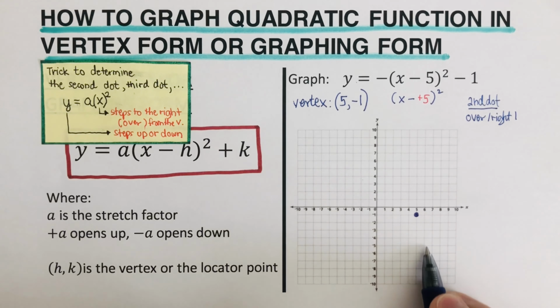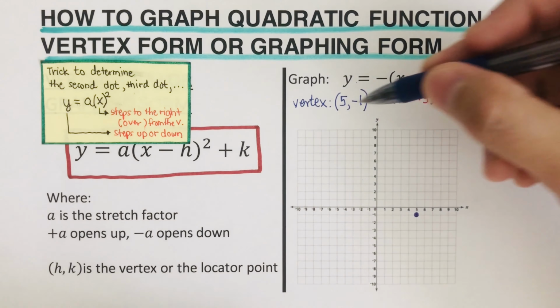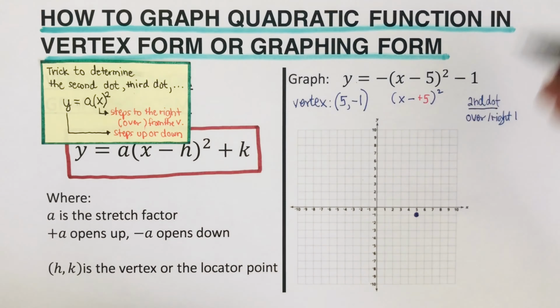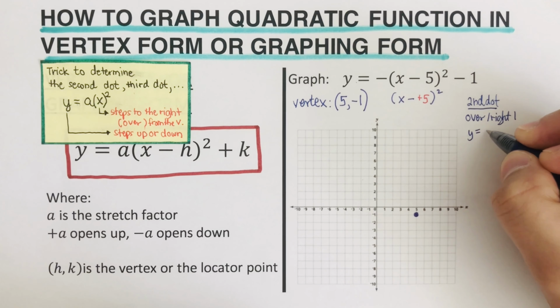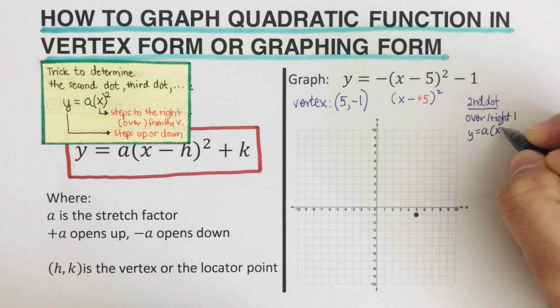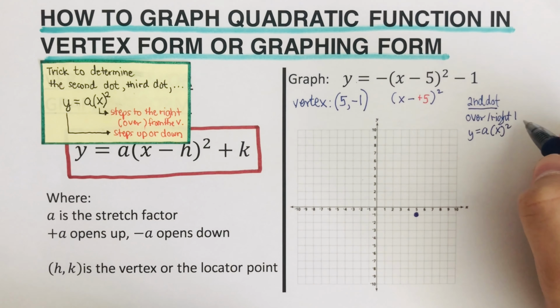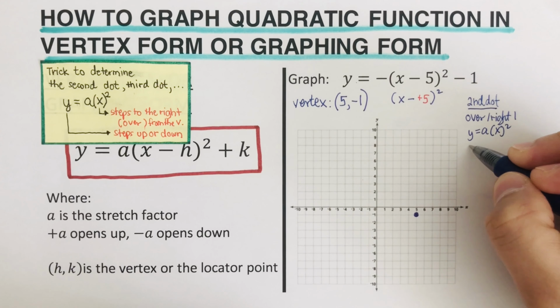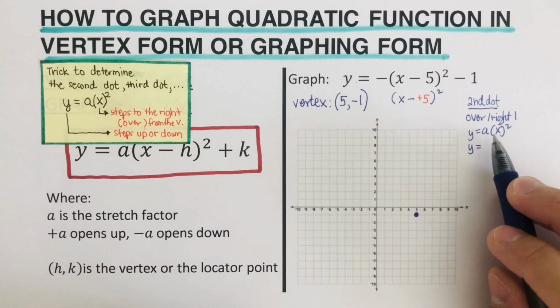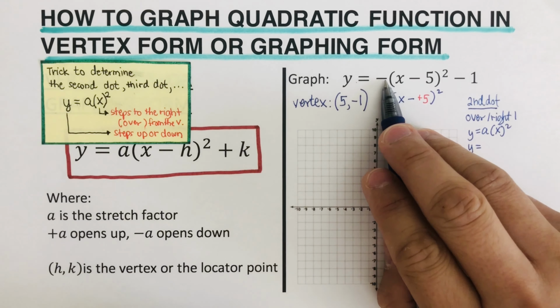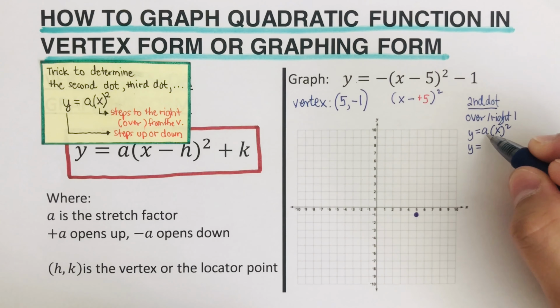Now where would the dot sit? To do that, I will use this equation right here: y is equal to a x squared. Now we are going to plug this 1 into the x. So y equals, our a for this is invisible, negative 1. So that's the a right there.